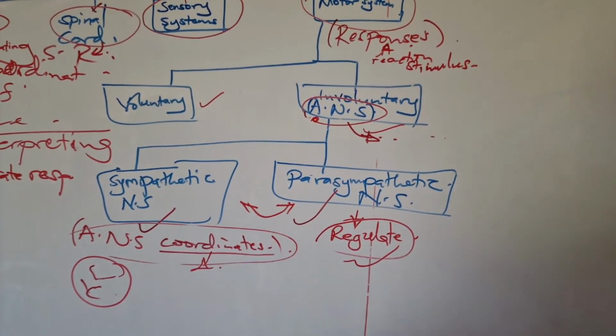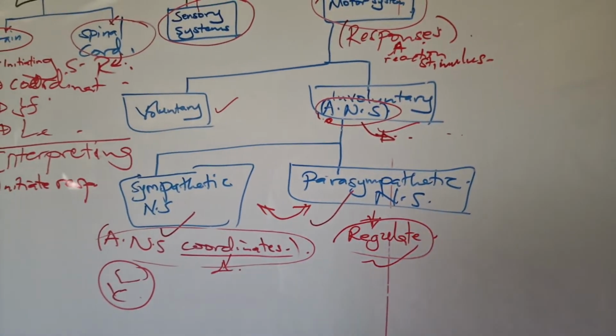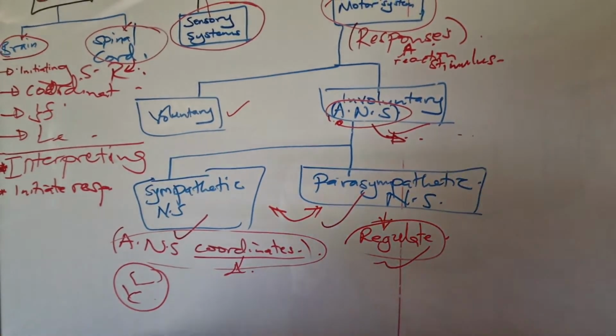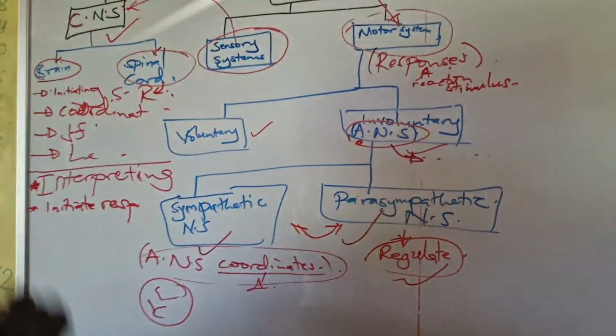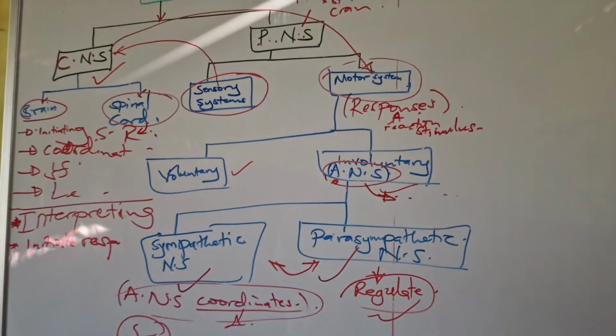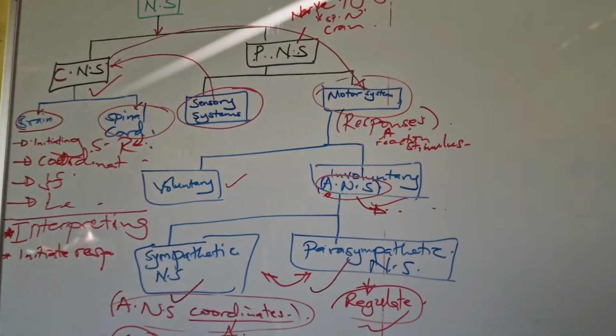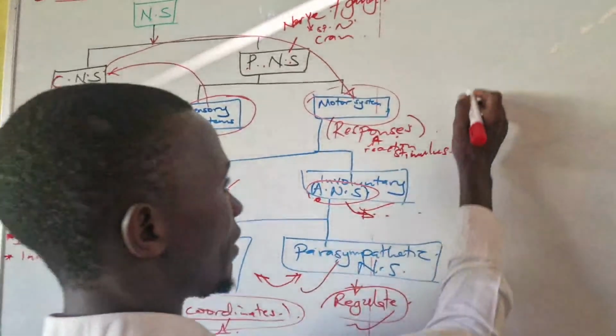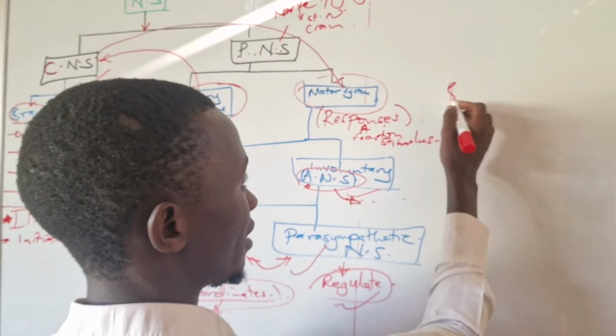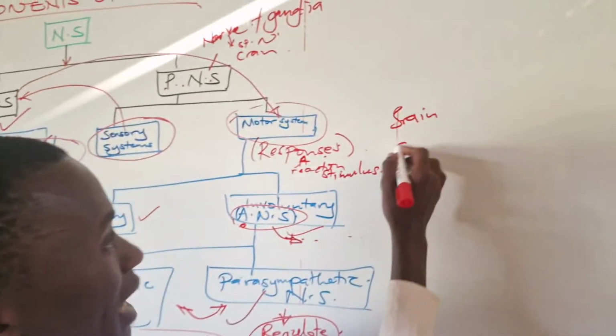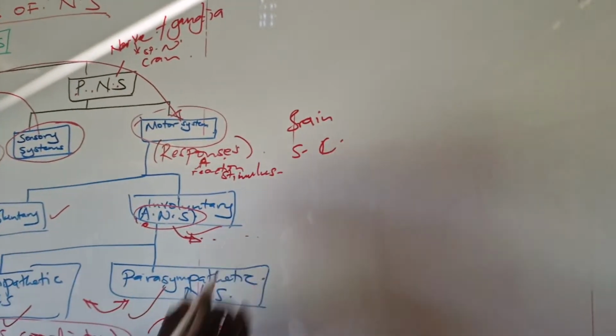To go on, we shall start with the central nervous system. We've said the central nervous system is made up of the brain and the spinal cord.